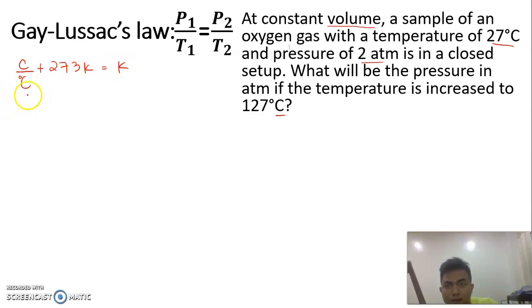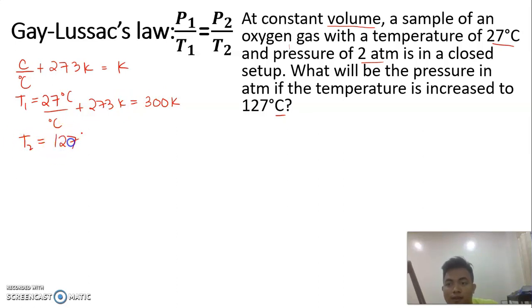So, for example, your temperature number 1, which is 27 degrees Celsius, plus 273 is going to be 300 Kelvin. And your T2 is going to be 127 degrees Celsius plus 273. So cancel Celsius, you'll end up with 400 Kelvin.